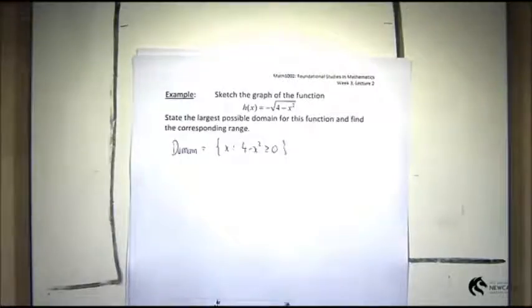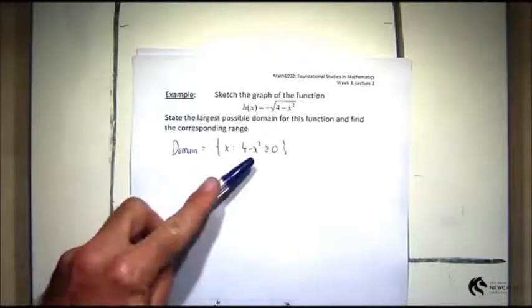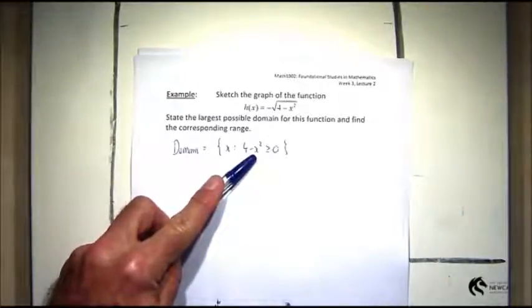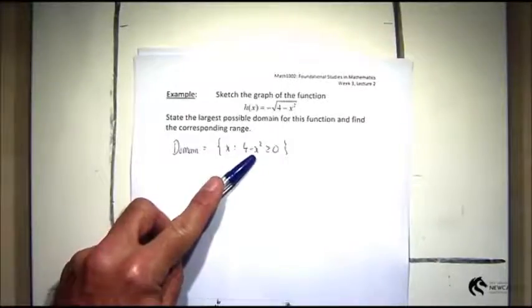Now I'm going to ask you to use common sense here. I don't know if that's a wise idea, but anyway, let's do that. You can see that if I put x equal to 1, that works. If I put x equal to 2, 2 squared is 4. But once I get to 3, 3 squared is too big. In fact, anything bigger than 2 is not going to work. It's going to make that negative.